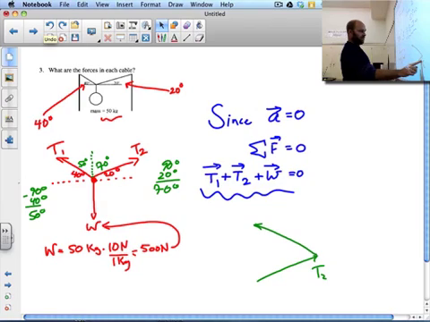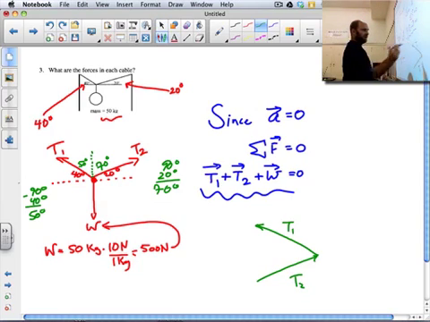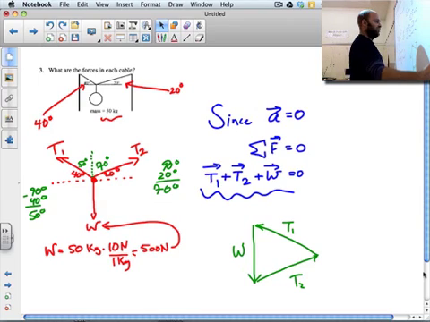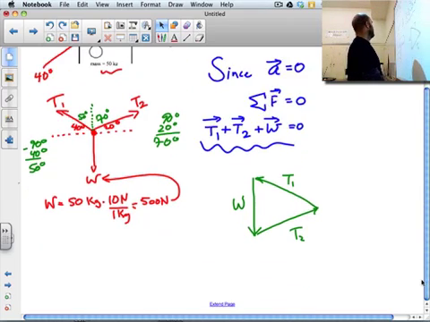Looks like I made them about correct in length. So I know that T2 plus T1 plus my weight, which is straight down, these vectors must add to 0. So I've shown it to be true geometrically.